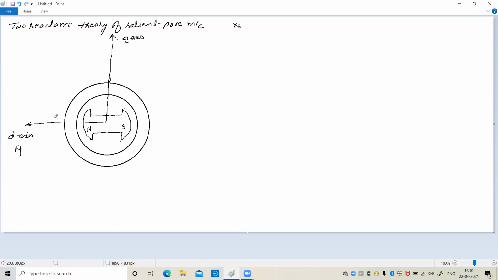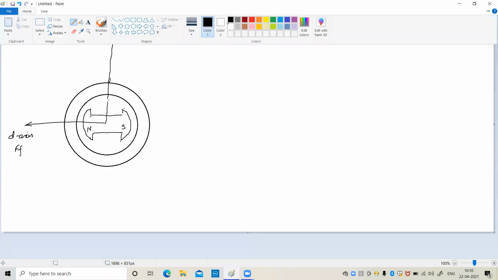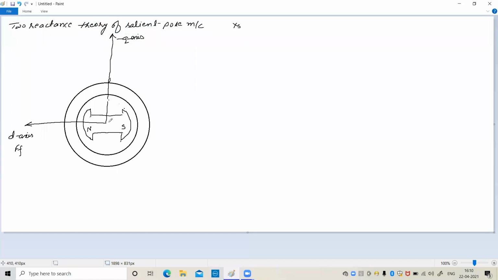So at some particular lagging current, say the current is lagging with respect to the induced EMF. This is the armature current IA, which is lagging by some internal angle, say psi.